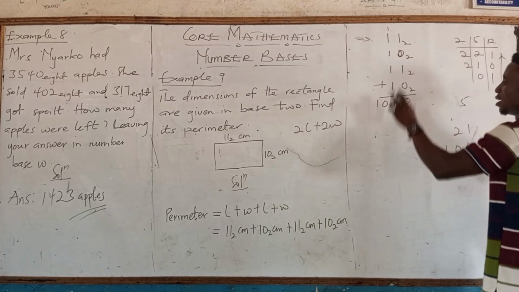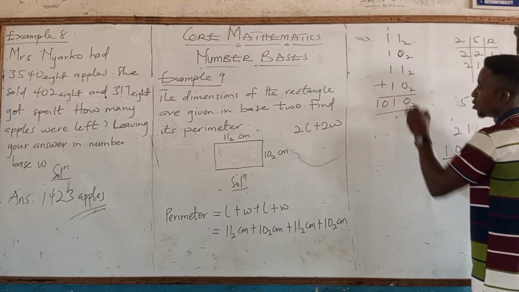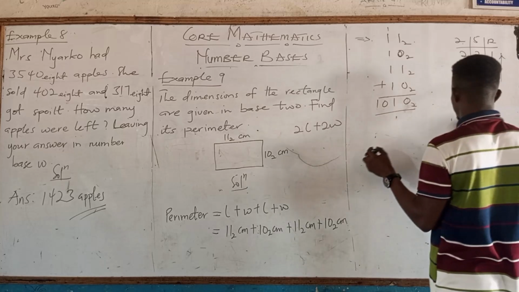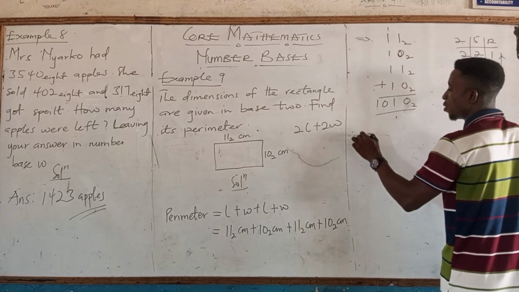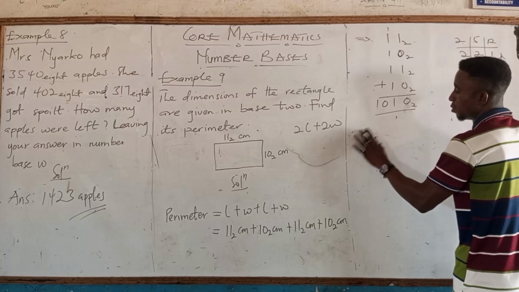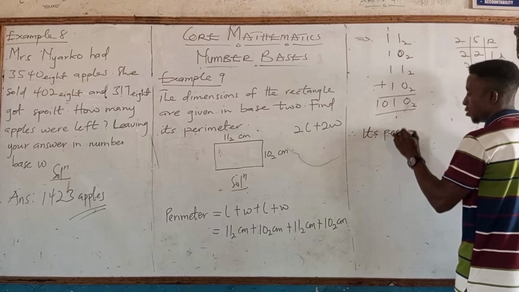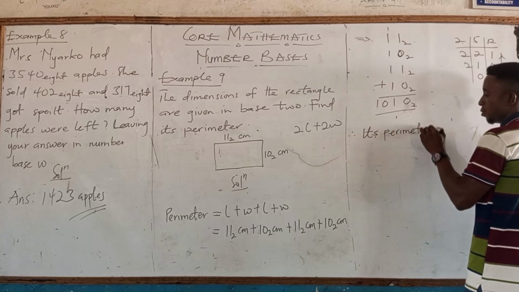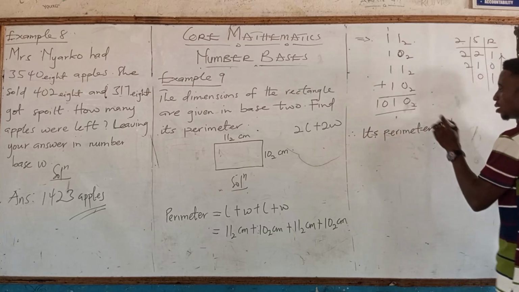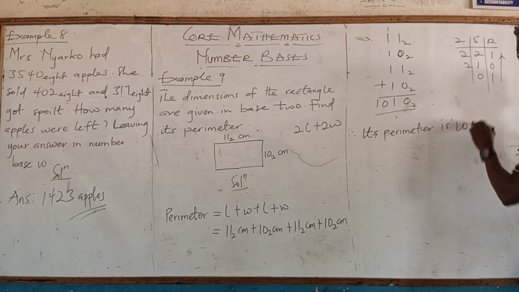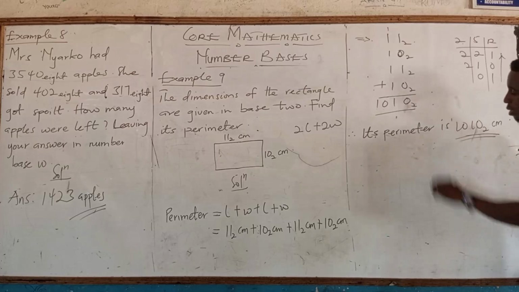So I can say, therefore, its perimeter is 10 base 2 centimeters. That is that.